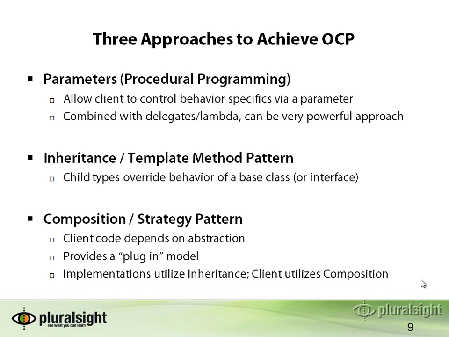An example of how you can use parameters to achieve the open-close principle that I like to tell is, imagine that you have a digital camera and you've written a C# program that pulls all the files off of your digital camera and drops them into a folder on your C drive. You've decided, or I've decided, since my name is Steve, that I'm going to put all these files into a folder called Steve's Pictures.